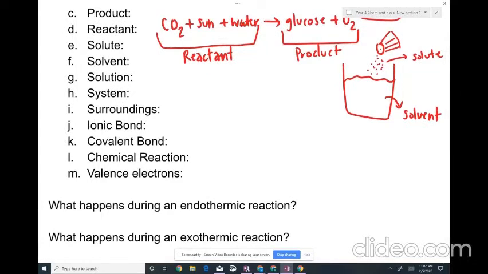So that is what you have on there. Ionic bonds and covalent bonds. There are a couple of things that you have to know. Ionic bonds, this is when we steal electrons. So that is when metals give electrons to nonmetals.